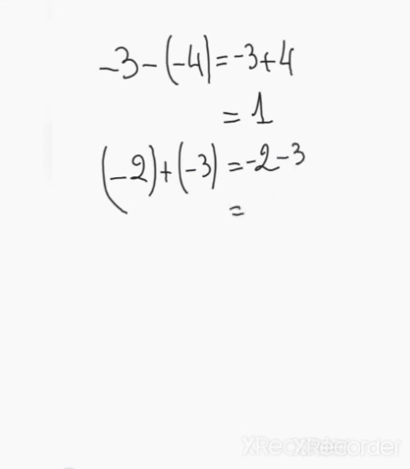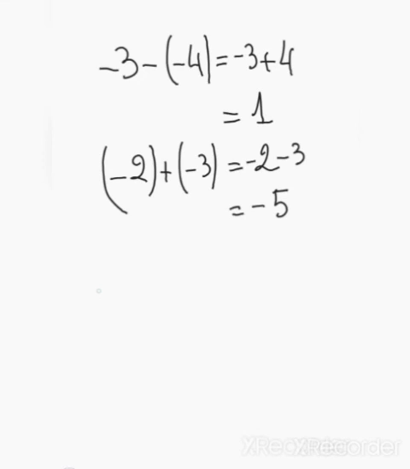So the sum of two numbers with the same sign, I can calculate it from here, but if I got this, there's no need to come back here. So it's negative, keep the same sign and add the absolute values.